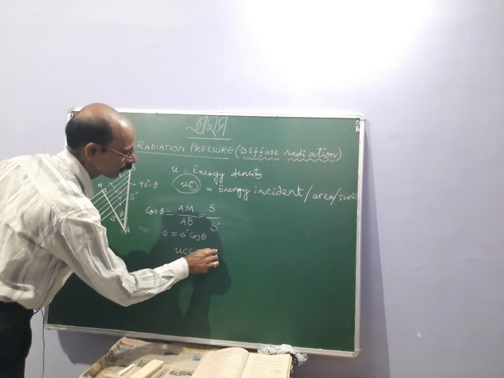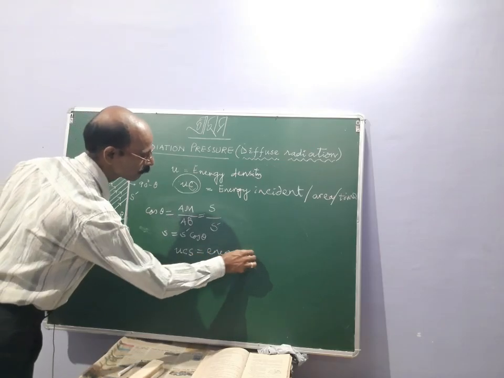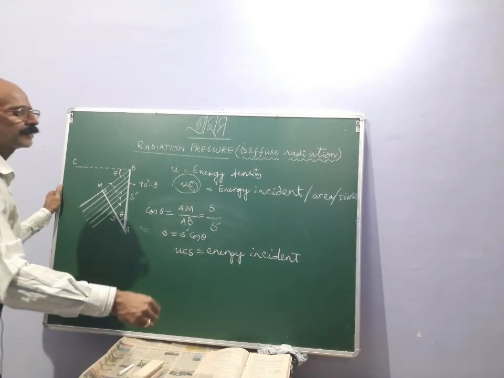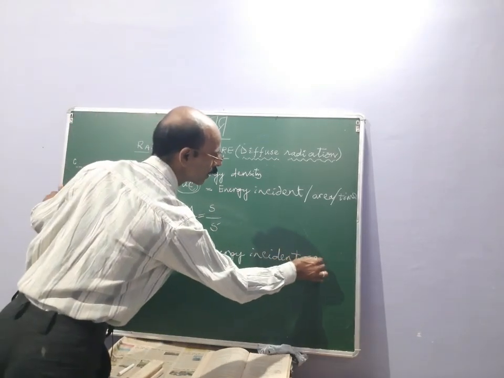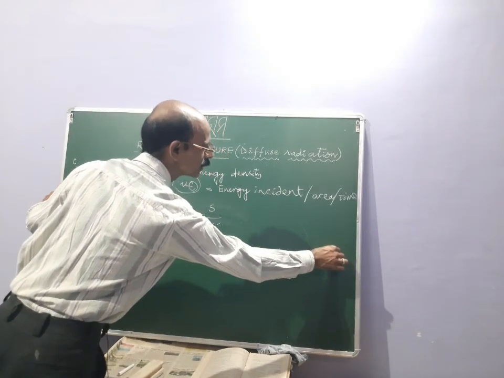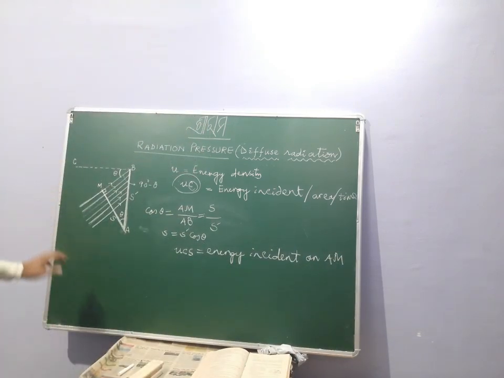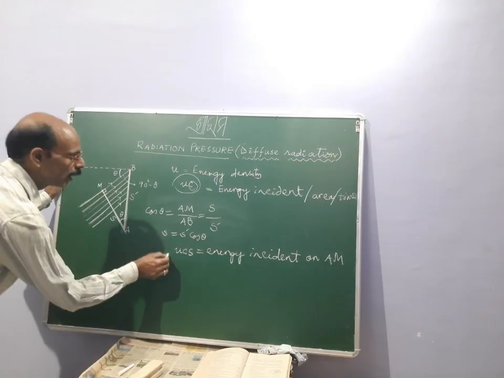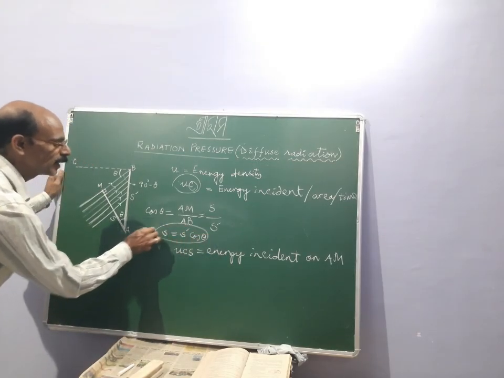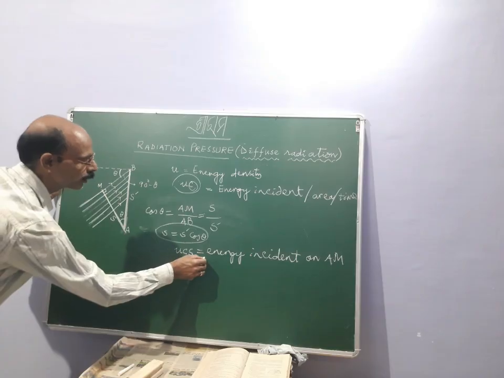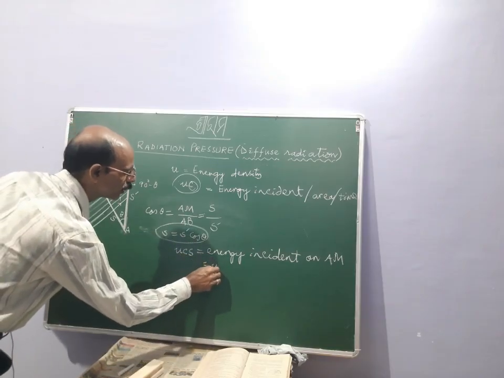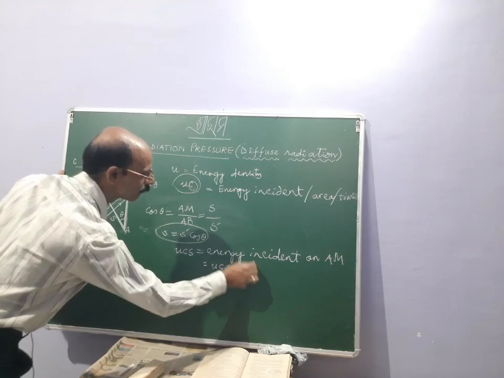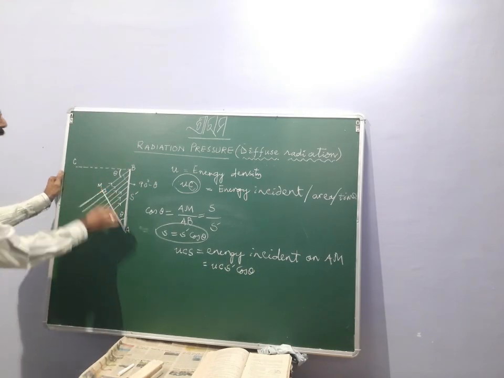Here energy means radiant energy on AM. Now we can express S in terms of S dash cos theta, so this is equal to UC S dash cos theta. This is energy incident on the surface AM.